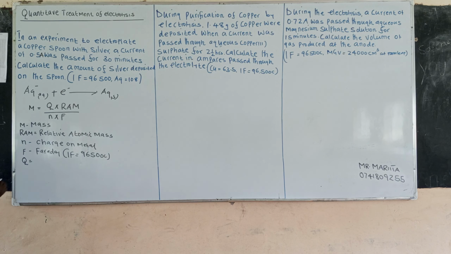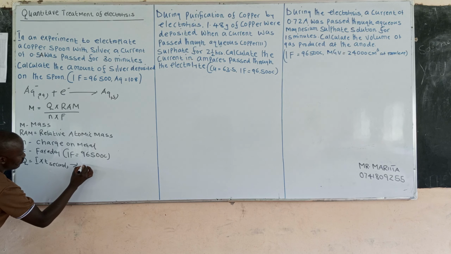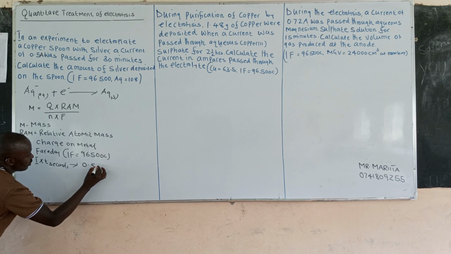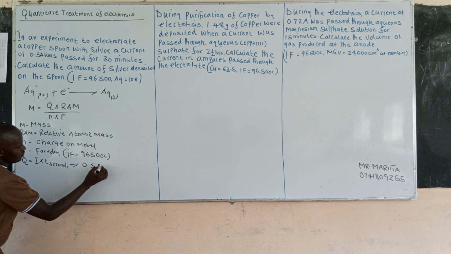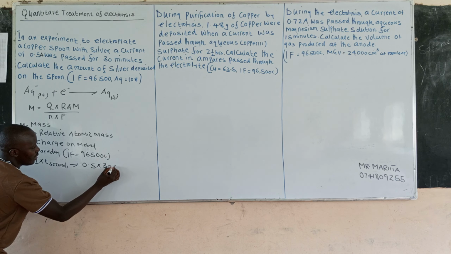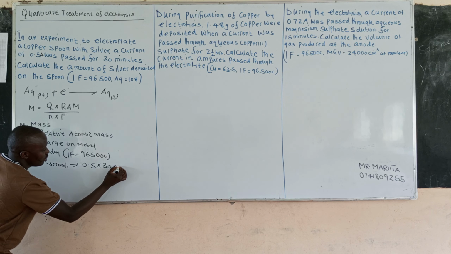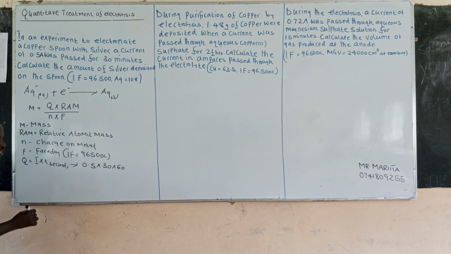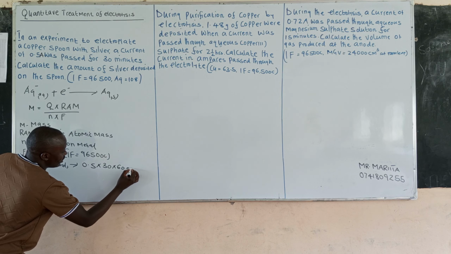Quantity is given by I times t, and this t must be in seconds. So the current is 0.5, times 30 minutes. The 30 minutes must be converted into seconds, so you multiply by 60, and that gives us 900 coulombs.